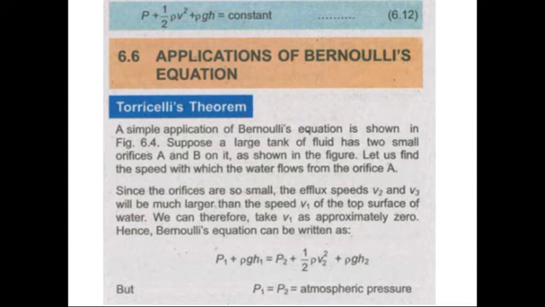So finally, according to Bernoulli equation, we will write P1 plus rho gh1 is equal to P2 plus half rho V2 square plus rho gh2. While you are studying the equation, you may be confused: one term is missing from the left hand side, that is half rho V1 square.